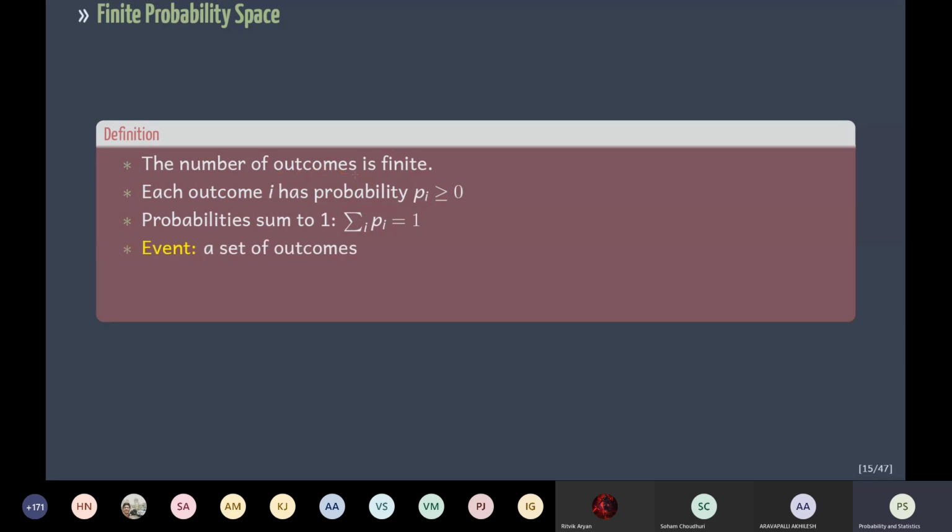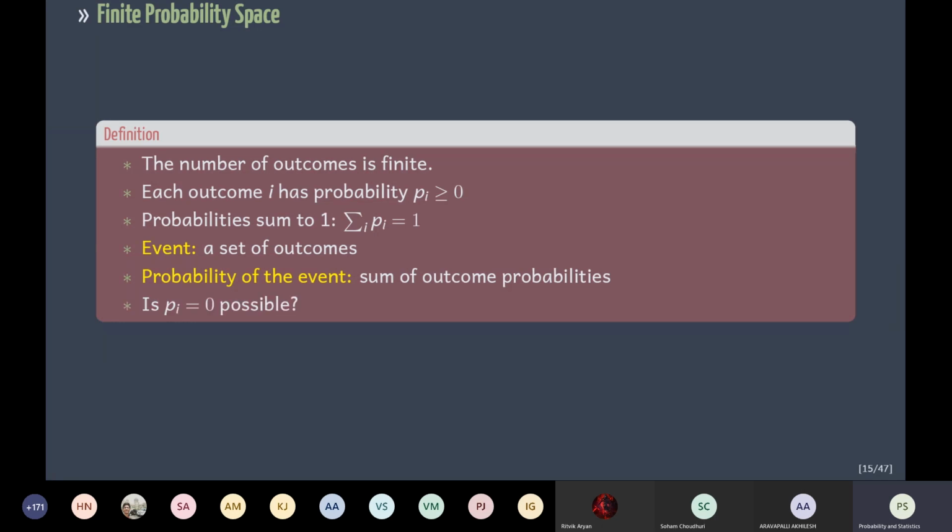An event, as I described before, is a subset of the set of all possible outcomes, and the probability of the event will be the sum of the outcome probabilities. So in the event A, I may have some outcomes, and the probability of that event will be the sum of those outcome probabilities.